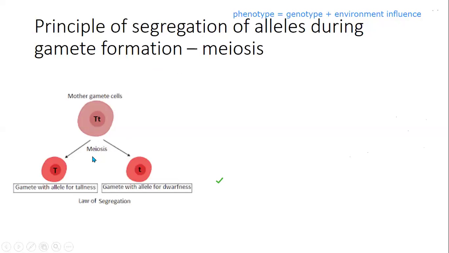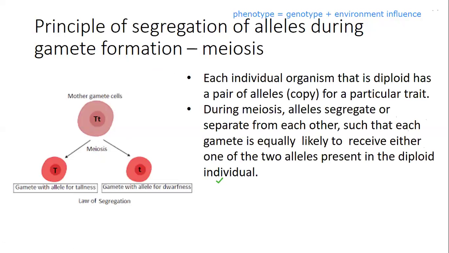This segregation is very important because it allows organisms not to have excess genes, excess chromosomes or fewer chromosomes. So this is basically the principle of segregation of alleles, or the law of segregation.